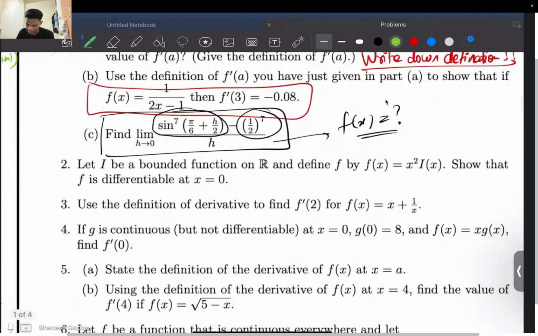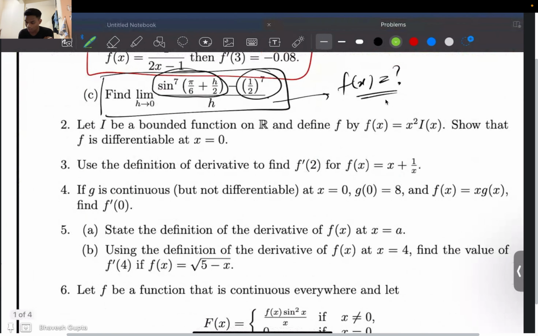So in the next question we see: let I be a bounded function on R and define f by this. So I is some bounded function. I don't know what that function is, but I is bounded.